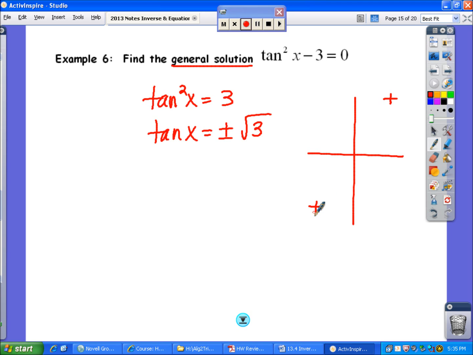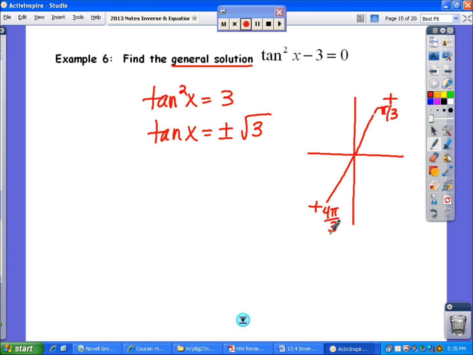All right, what family has a tangent of square root of 3? It should be your 60 family. All right, so if we're positive here at pi over 3, and we're also positive here at 4 pi over 3.